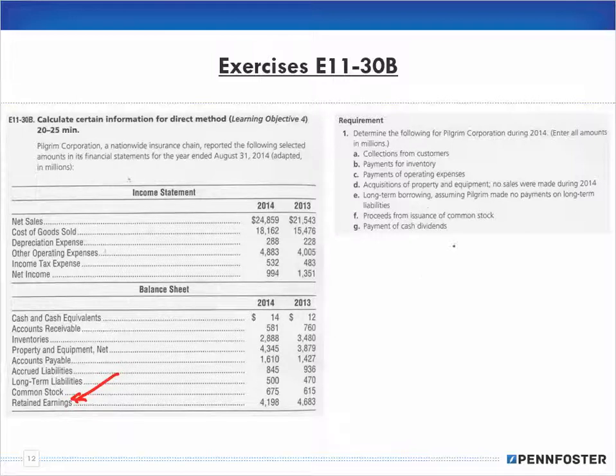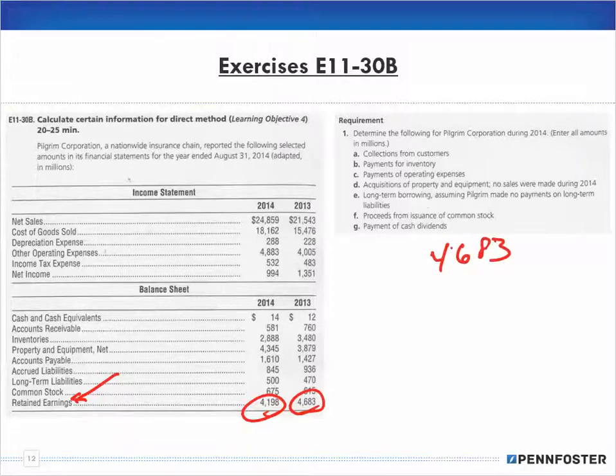And when we look at our retained earnings account, if you'll recall from the previous exercises, let me just quickly jump back. If you go back to exercise 11-26B, we worked through the same type of thing in that particular exercise. So we start out with our beginning retained earnings of 4,683,000.